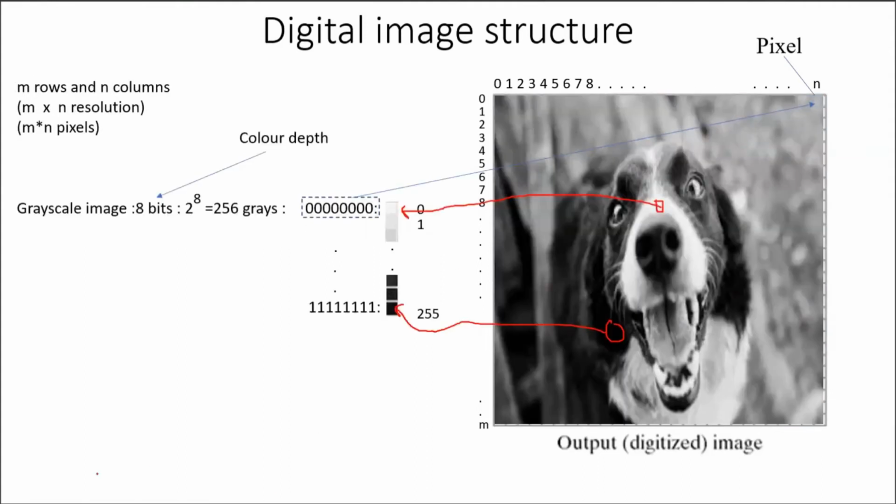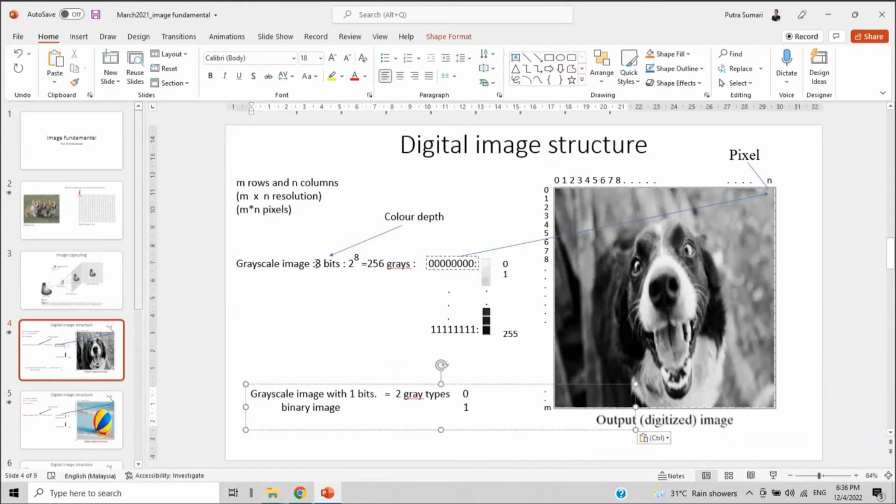Let's say I have a 2 by 2 grayscale image, the same with 2 bits. How many colors are you going to have? 4, yes. 2 to the power of 2 gives 4 types of gray.